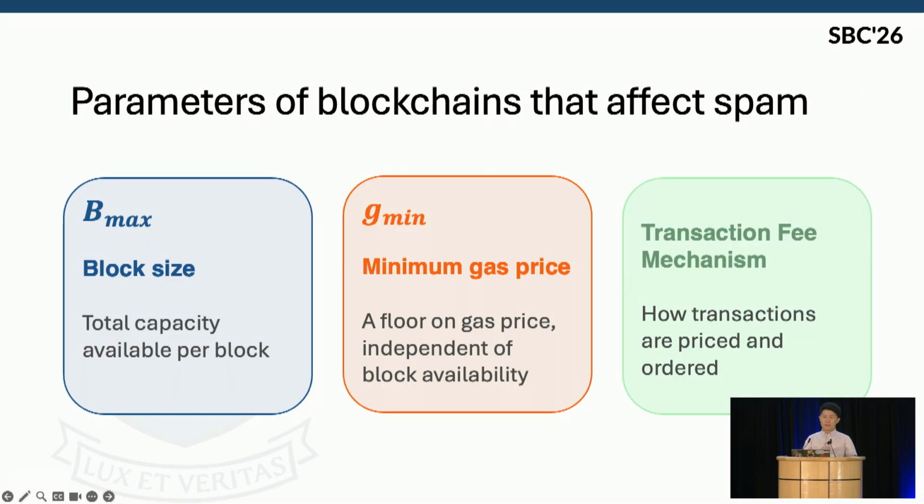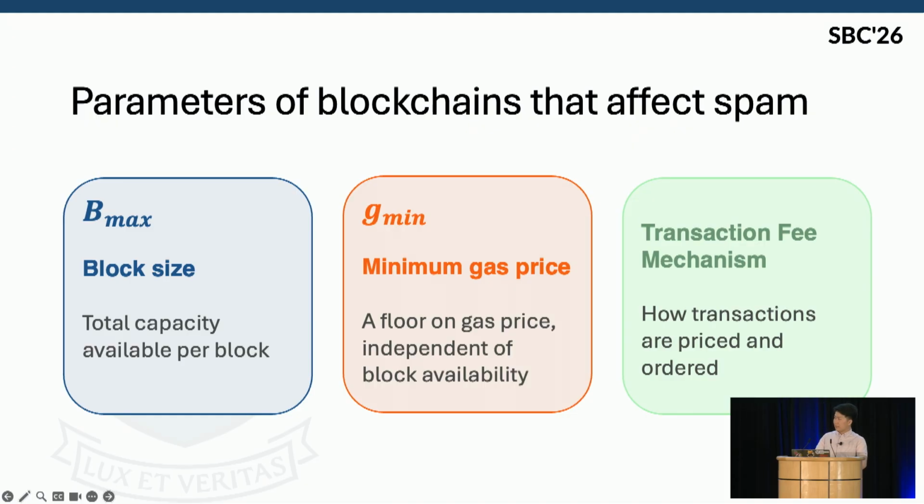So even if the block is very empty, the transaction has to pay such a price. Also, as we'll see later, the transaction fee mechanism, the TFM for short, affects how spam transactions behave, because it affects how transactions are priced and ordered within each block.